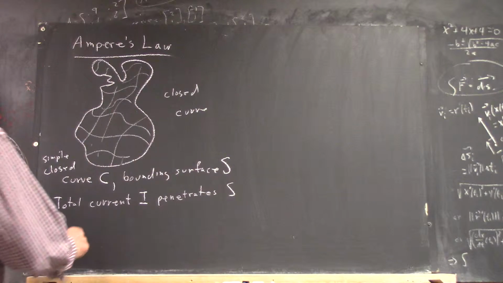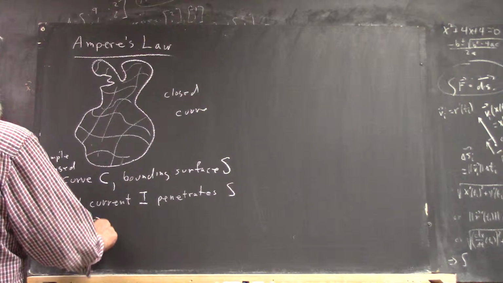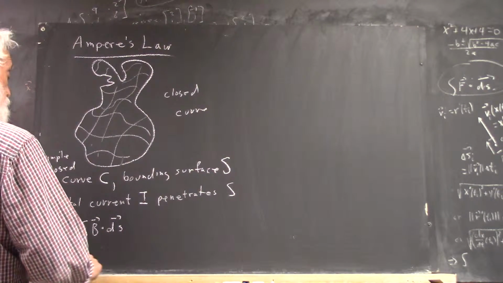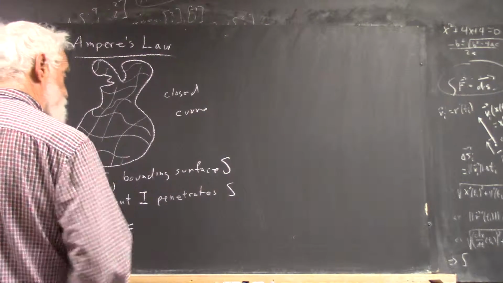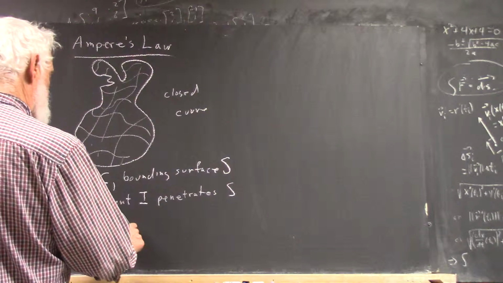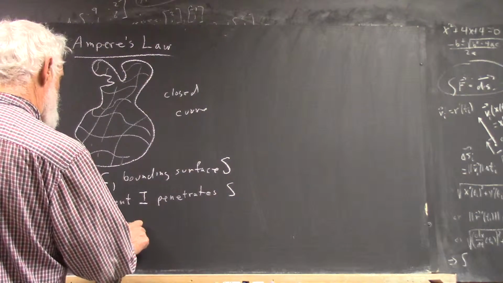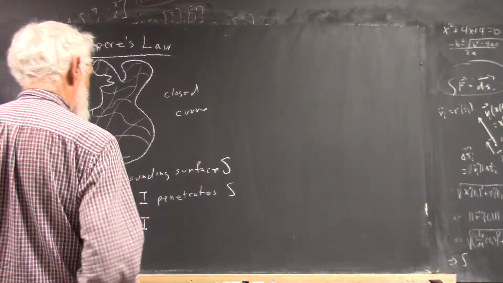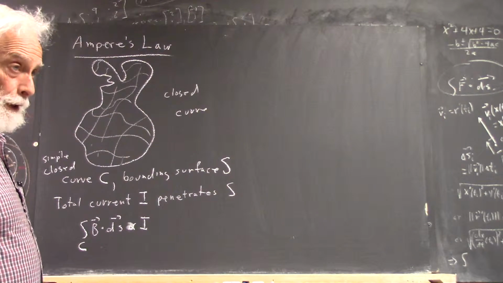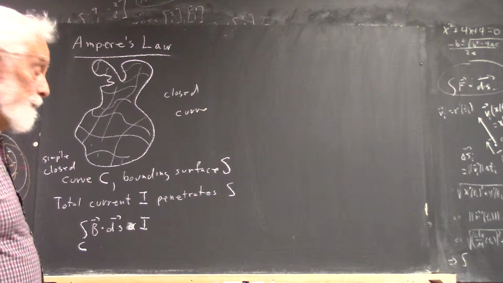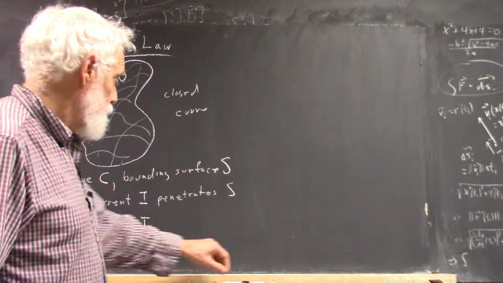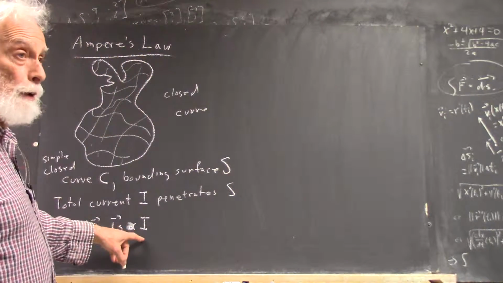Then the integral of the magnetic field around the curve is proportional to I. Okay? I'm just going to say it's proportional to I for right now. It's just a multiple of the total current that penetrates the surface. Okay? And of course, this proportionality involves K prime.